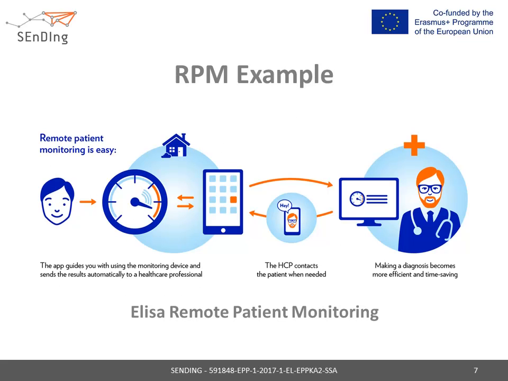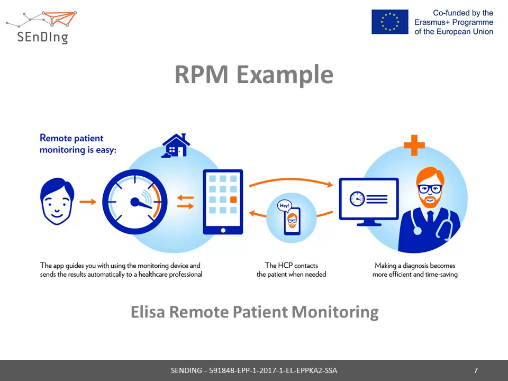The ELISA remote patient monitoring is a system that automatically transfers selected test results to healthcare professionals. The system is designed to track asthma and INR, and the healthcare professional can promptly react in view of changes, if needed. How does ELISA RPM work? The ELISA RPM consists of three components: a smartphone application, a Bluetooth-enabled device, and an interface.